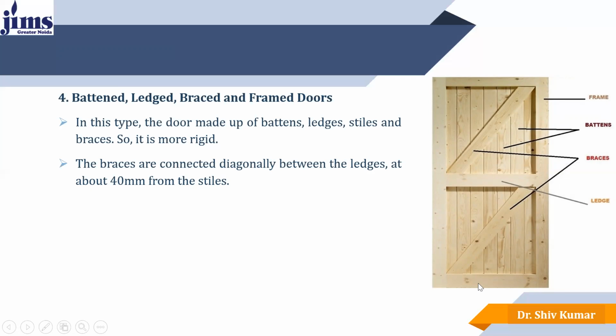This type of door is made up of batten, ledge, stiles, and braces. So it is more rigid, more strengthened, and can provide better security in comparison to the previous doors. The braces are connected diagonally between the ledges at about 40 mm from the stiles.